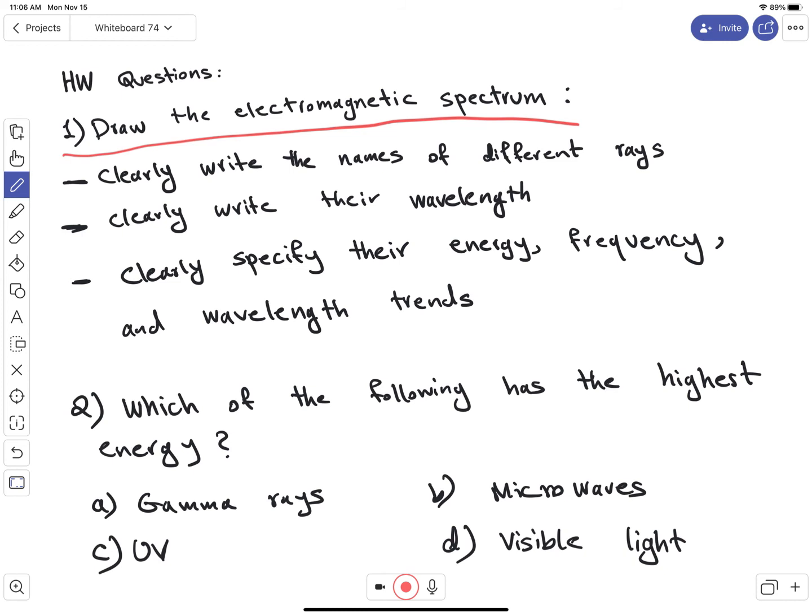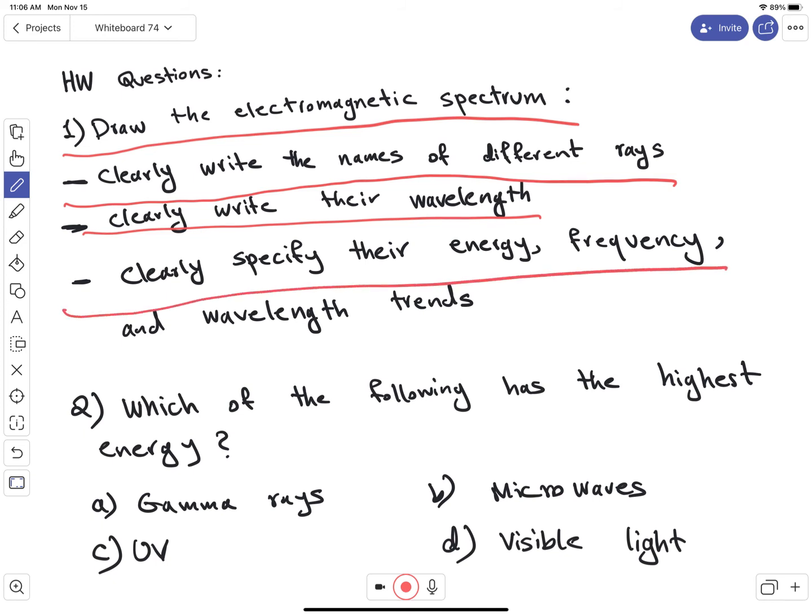So clearly write the names of the different rays, or different wavelengths, and clearly write their wavelengths. Kind of like 10 to the power of minus 15, 10 to the power of minus 16, up to 10 to the power of 6, right? Highest energy, lowest energy. Clearly specify their energy, frequency, and wavelength trends.